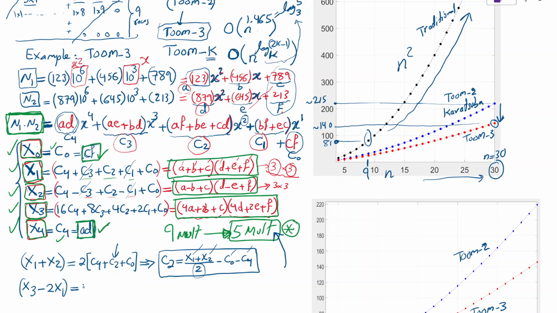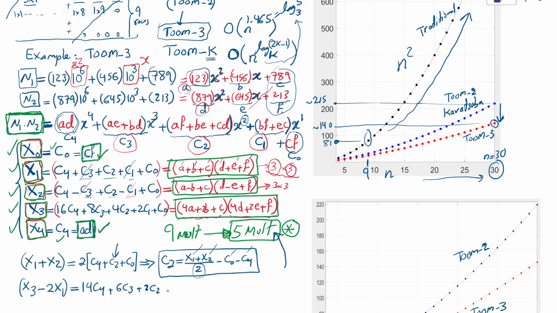So I end up with 14C4. I am keeping x3, and I am just subtracting the 2 times x1, and I end up with 14C4, and then I end up with, let's say, 6C3 and 2C2.